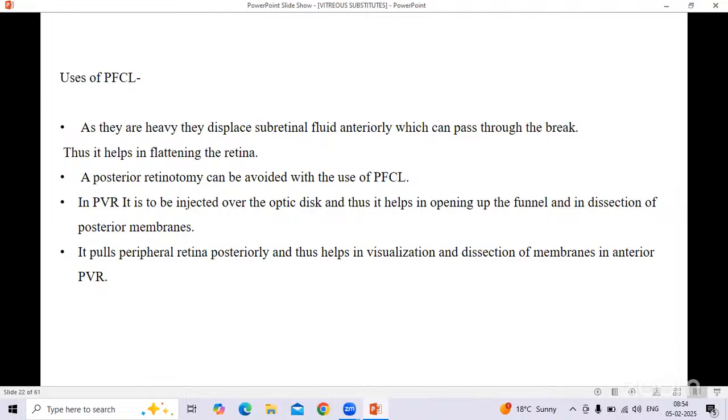In these, there's no need for posterior retinotomy, and in PVR, it is to be injected over the optic disc, and thus it helps in opening up the funnel and in dissection of posterior membranes. It pulls the peripheral retina posteriorly and thus helps in visualization and dissection of membranes in anterior PVR.